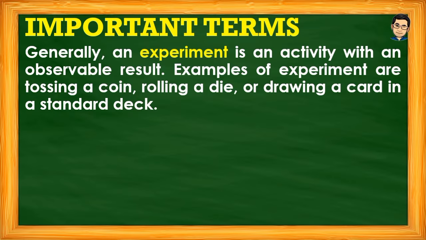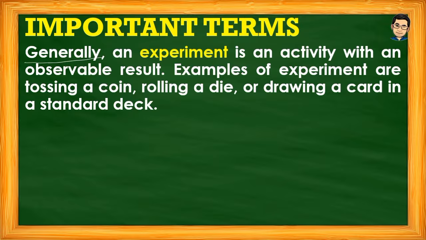Okay, so syempre kasi experiment, hindi lang naman po siya applied sa mathematics. So usually, ang word na experiment, ginagawa po yan sa subject na science. Okay, so kaya tinitignan dito sa probability yung experiment. So, kung ano ba ang mangyayari kung kinonduct natin ang isang experiment.